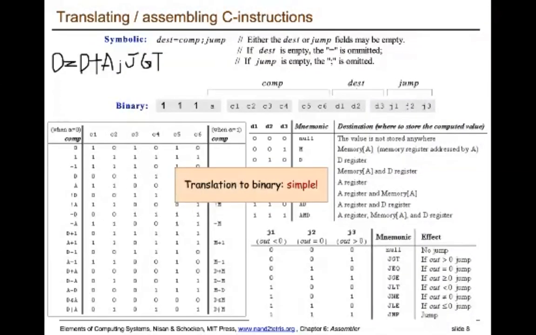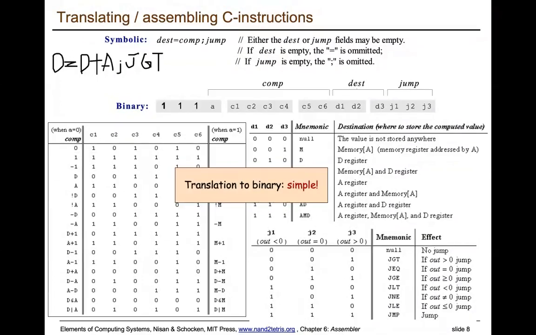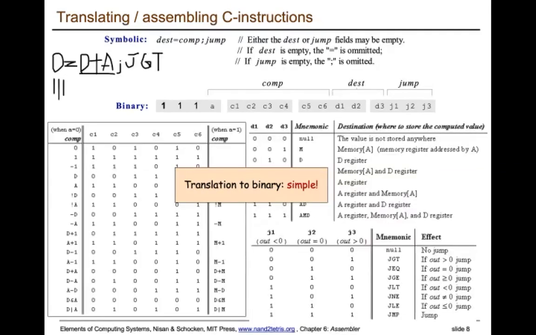Now the assembler does an easy job: it looks at your computation. Since this is a C instruction, it will start with 111, to tell the system this is a C instruction.